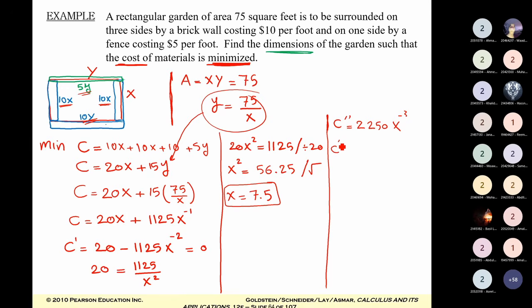Now substitute 7.5: 2250 times 7.5 to the power negative 3, and this is positive.